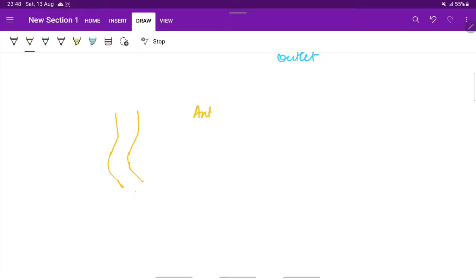So, if this is the anterior and the posterior side, and this is the lateral view, the upper part is downwards and backwards, whereas the lower part is downwards and forwards. So this forms a curve, and this curve is called the curve of Carus.